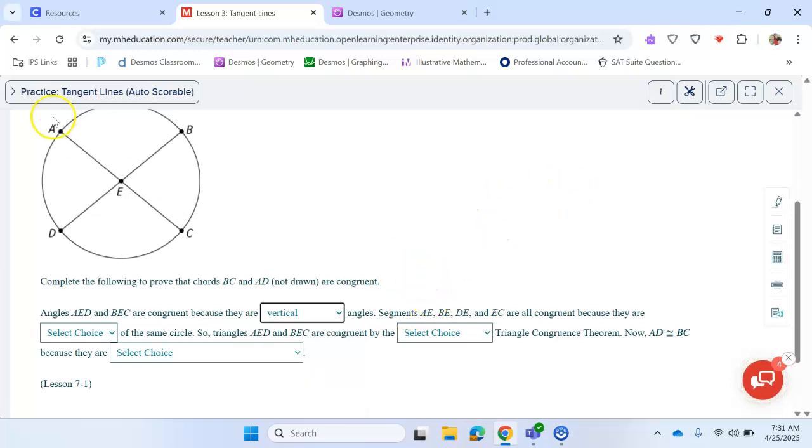Segments AE, that's a radius, BE, DE, and EC are all congruent because they are radii of the same circle.